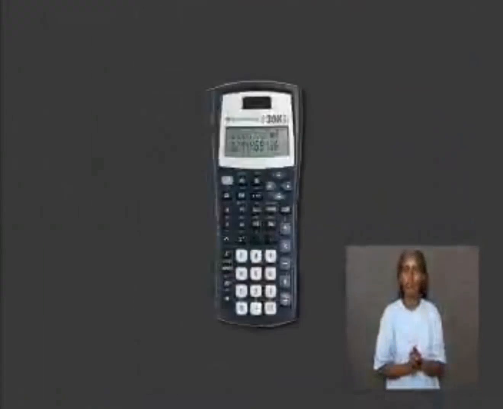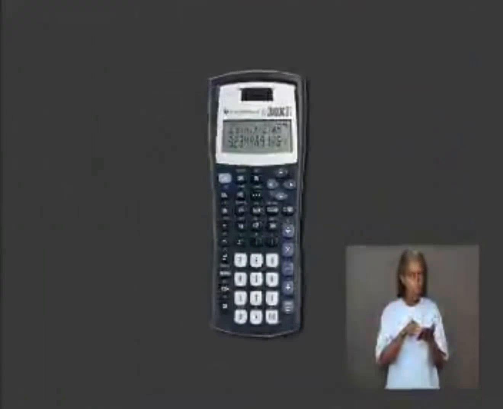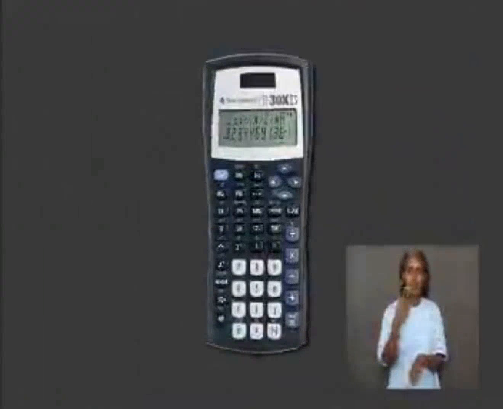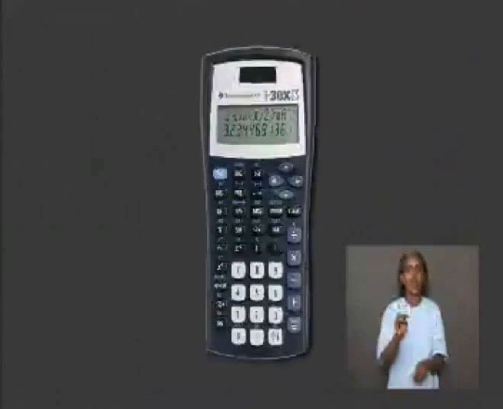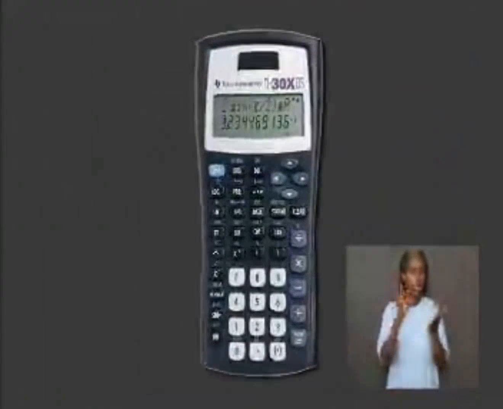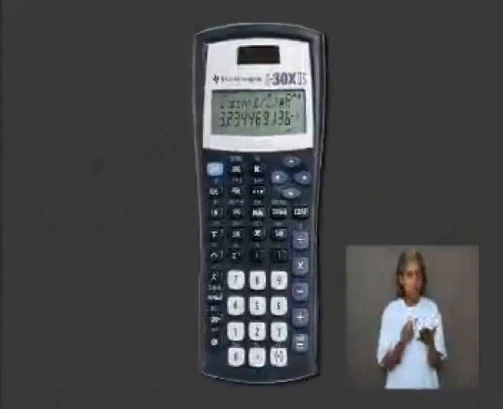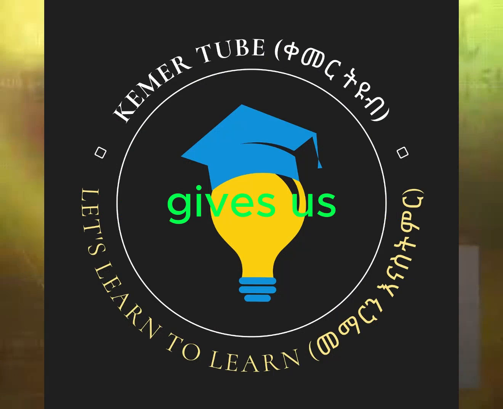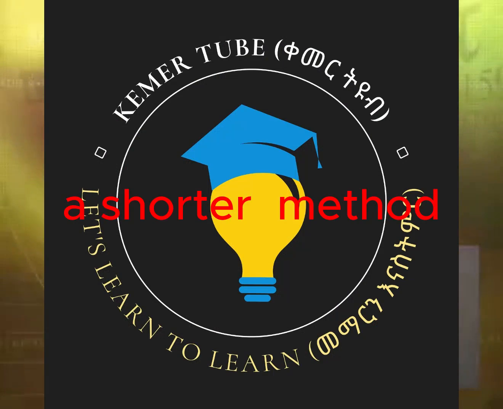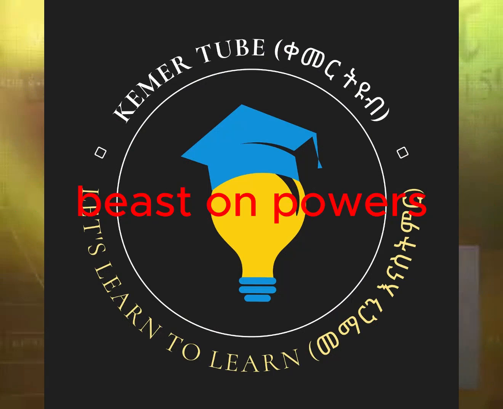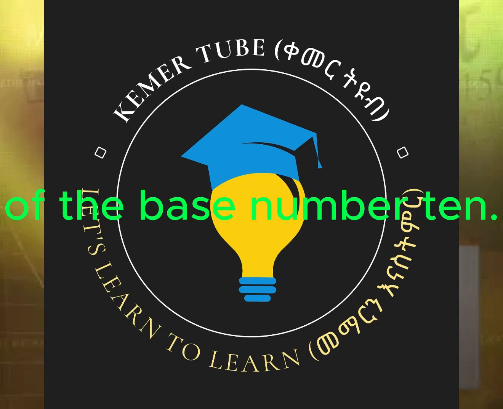Most calculators and computers also use scientific notation when there are too many numbers to display on the screen. Scientific notation gives us a shorter method to express these numbers based on powers of the base number 10.